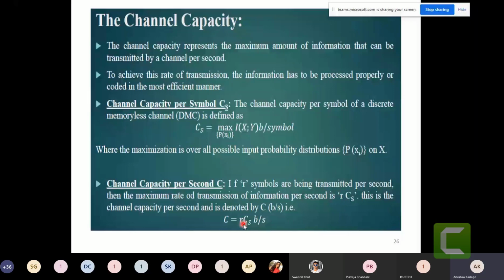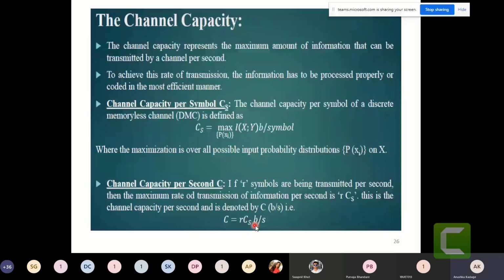And that's why R is multiplied with CS, because CS tells us the channel capacity associated with per symbol. So to obtain the ultimate channel capacity, we have to multiply the bit rate or transmitter rate with the channel capacity per symbol.